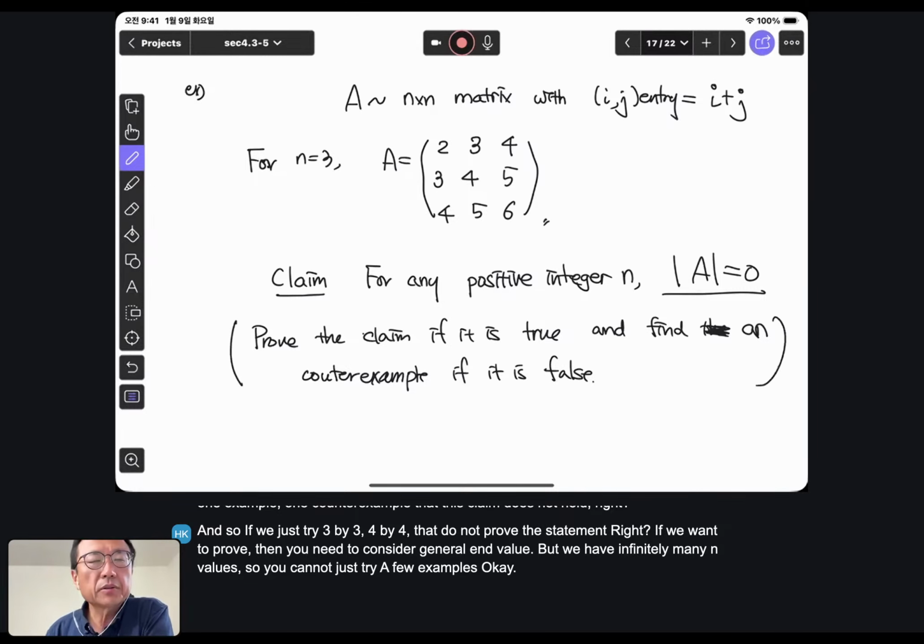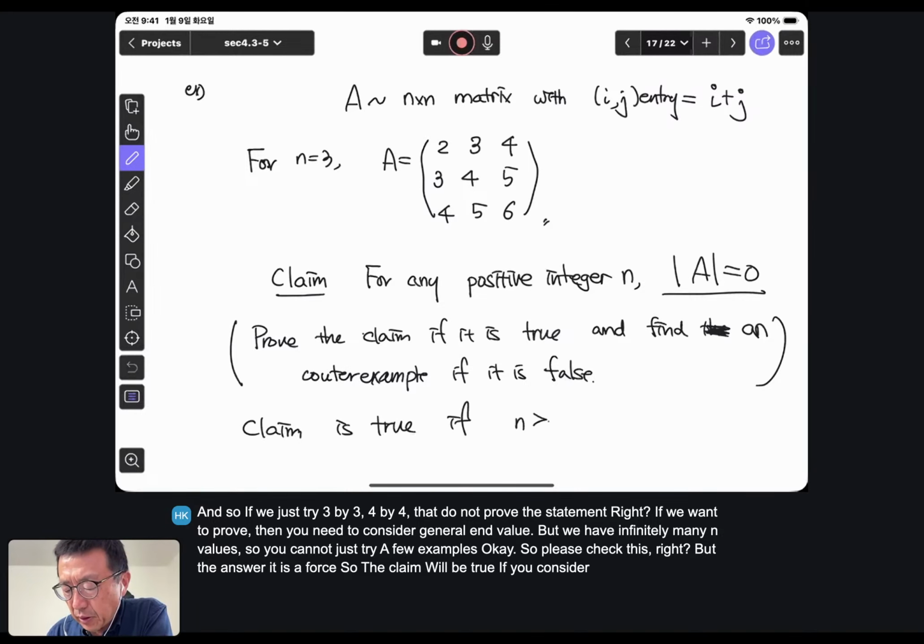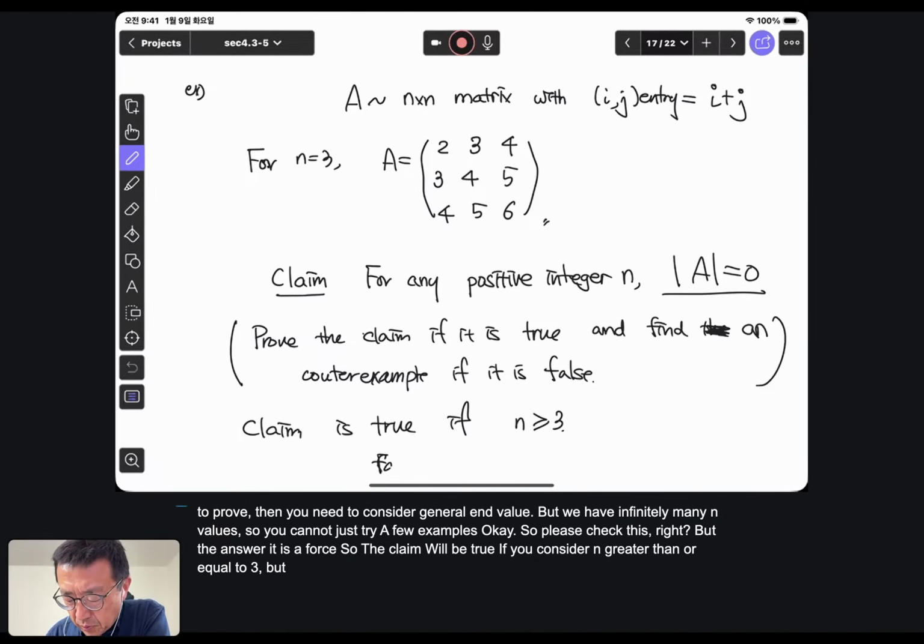So please check this, right? But the answer is that it is false. So the claim will be true if you consider n greater than or equal to 3, but false for n equals 1 or 2.